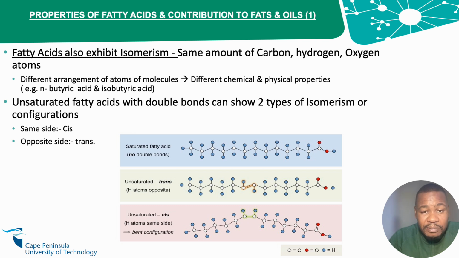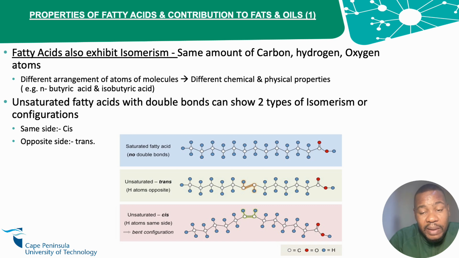Isomerism means that the molecule has the same amount of carbon, the same amount of hydrogen, and the same oxygen atoms. However, these are located in different arrangements of atoms in the molecule.